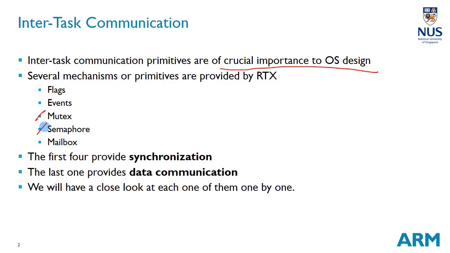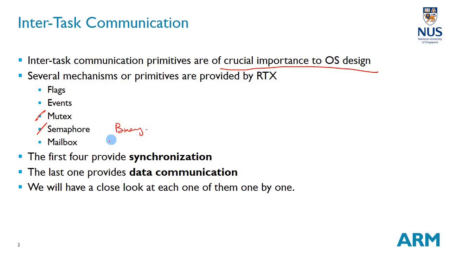Semaphores we can use in a few different contexts. One is, if you declare a semaphore with a value of 1, then it becomes a binary semaphore, which can be used in the same way as a mutex.